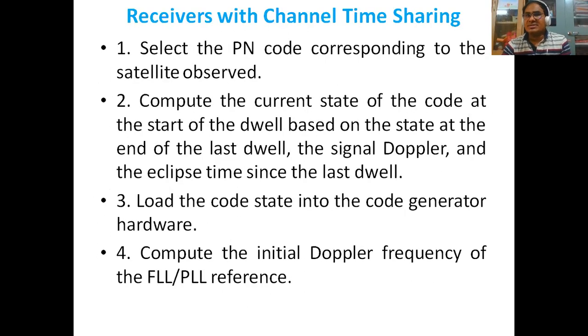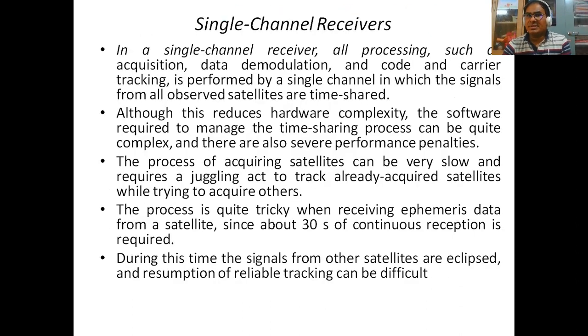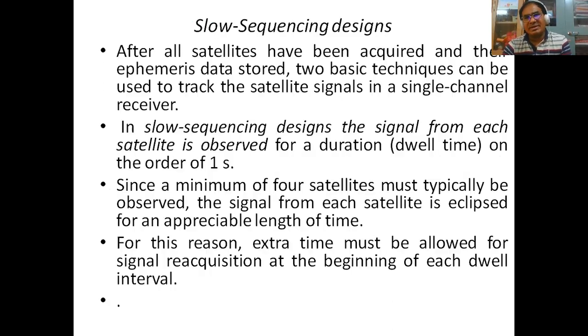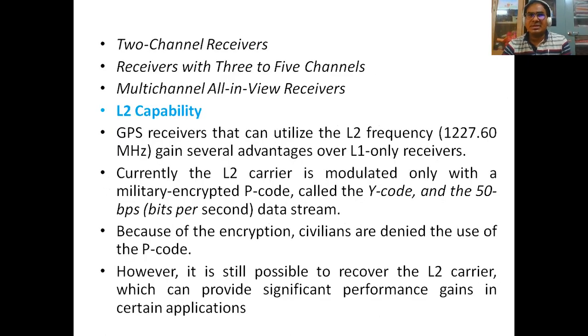So this is the process of time sharing, a step by step procedure. Then we can use a single channel receiver or multi-channel receivers, of course. This topic I have already covered. 2-channel receivers or receivers with 3 to 5 channels are available in the market, or sometimes the multi-channel all-in-view receivers. These are the most sophisticated receivers we'll be using.